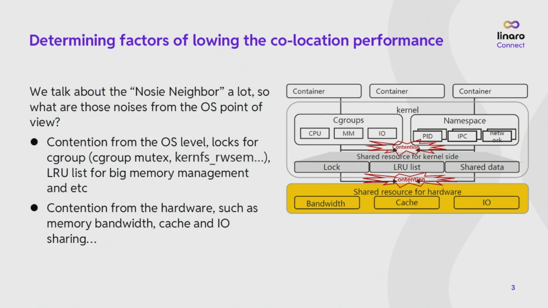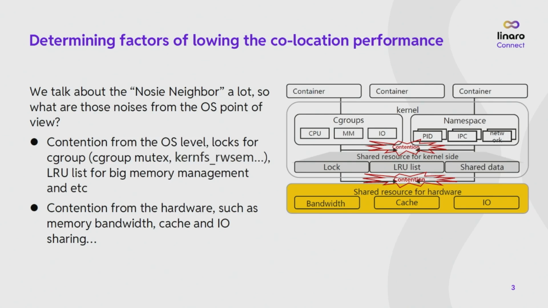Also, we have big memory on the NUMA node, so there is a long list to manage the memory, which creates a lot of noise. The second is contention from the hardware, for example memory bandwidth, cache, and IO sharing.